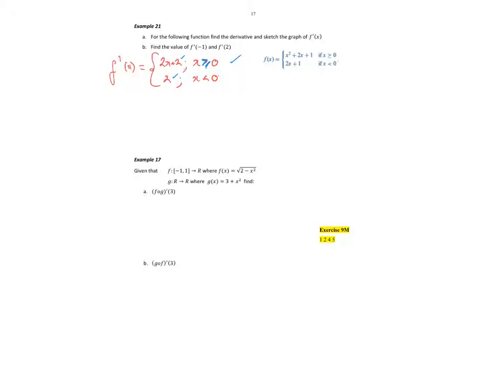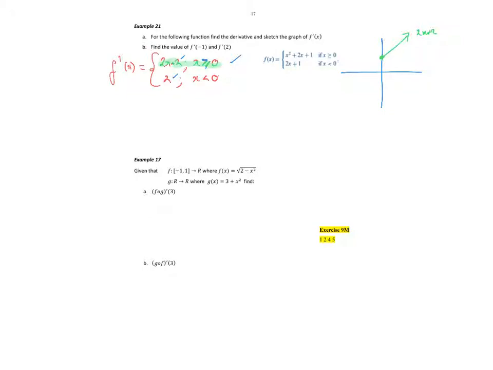If I want to sketch my derivative graph, let's call this one green. It's a graph of 2x plus 2. So we've got an intercept at 2, it goes up there. 2x plus 2 is defined at that point, that's fine. And then we'll keep it red.